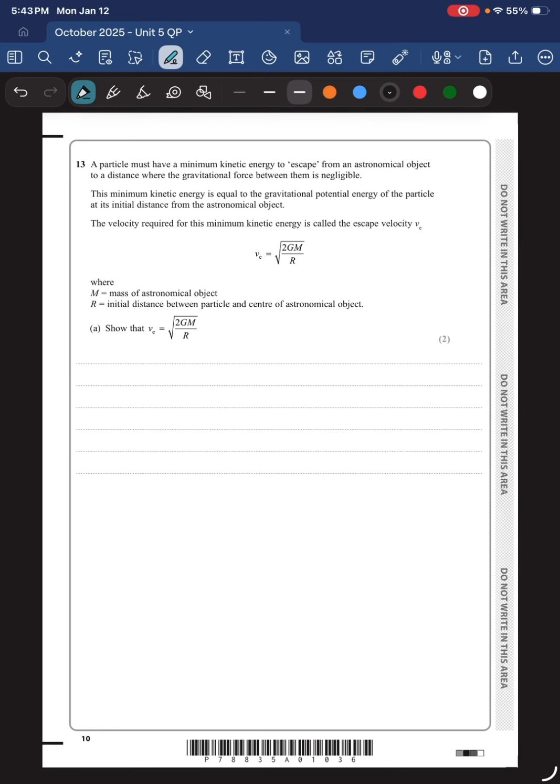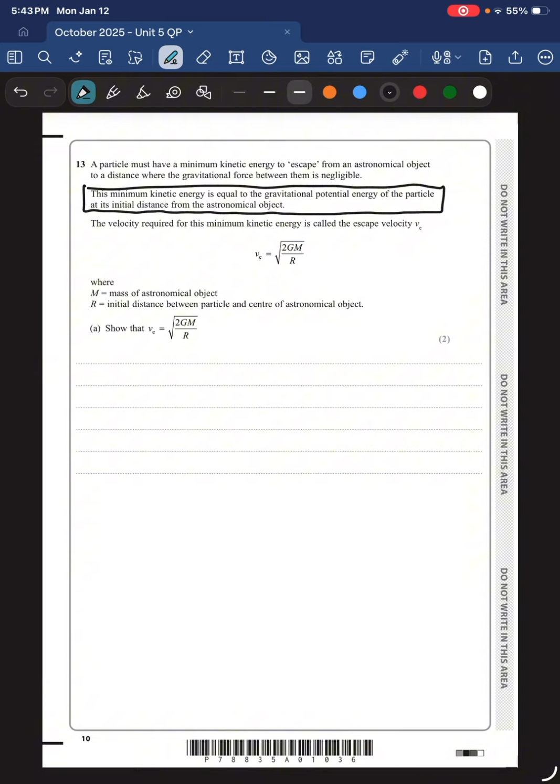A particle must have a minimum kinetic energy to escape from an astronomical object to a distance where the gravitational force between them is negligible. This minimum kinetic energy is equal to the gravitational potential energy of the particle at its initial distance from the astronomical object. So that's a key; this sentence here is the key to this problem.